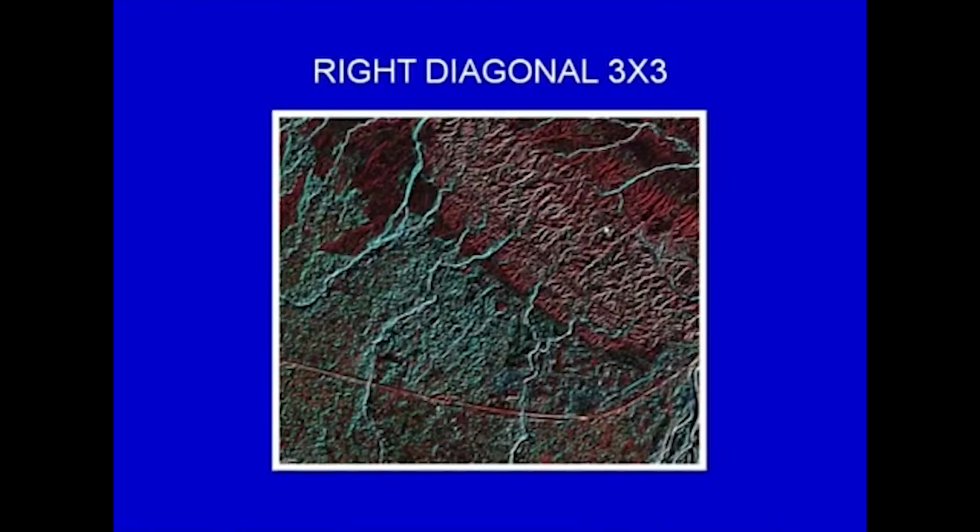When we look at the right diagonal edges, we find that in the mountainous regions, where the edges are not parallel to the horizontal or vertical edges of the image, they have been highlighted very prominently and can be seen very clearly and used to extract the desired information.